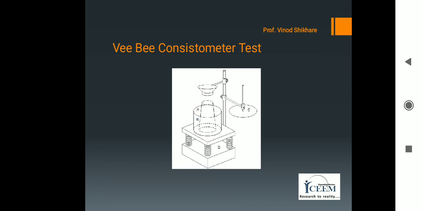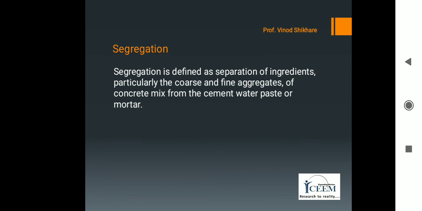It is all about the tests performed on concrete for measuring the workability of concrete. The next part of fresh concrete is the segregation and bleeding concept, in which we will see segregation first.